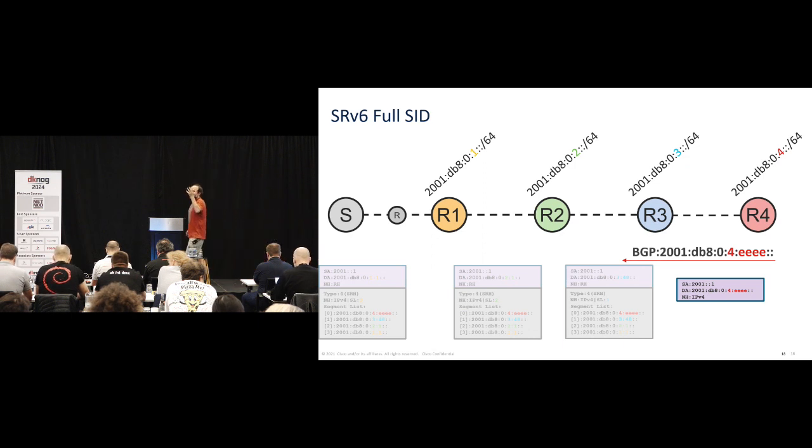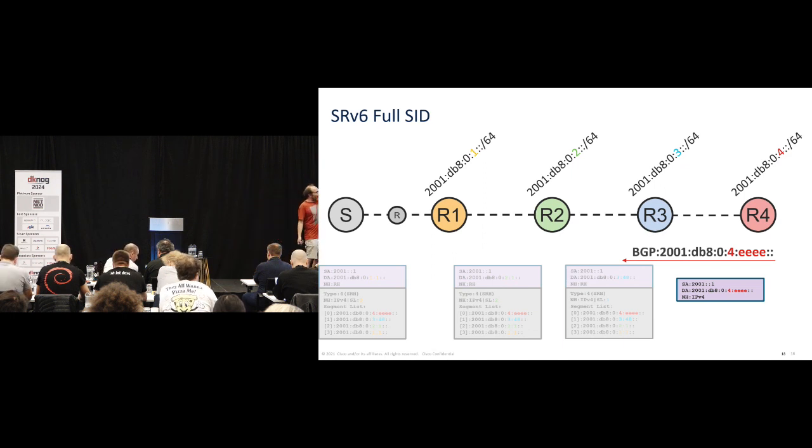But there might be a reason to preserve it. For example, R1 is the firewall, and R4 will only accept packets which went through the firewall. Otherwise, it will discard them. So I need to pass the information that the packet went through the firewall to R4.